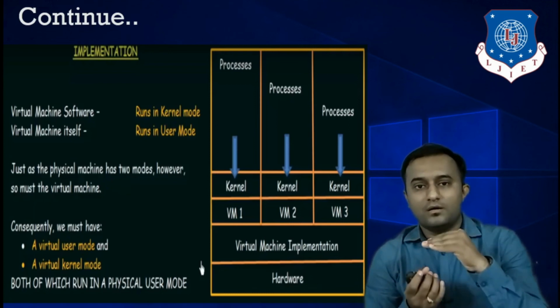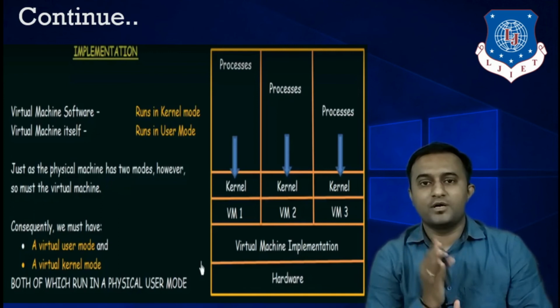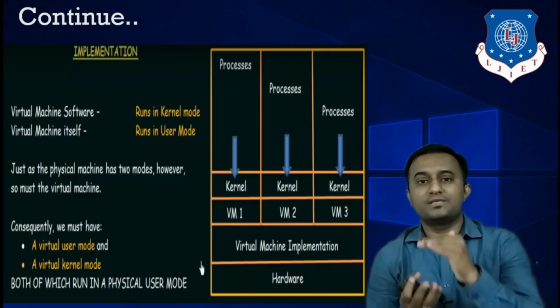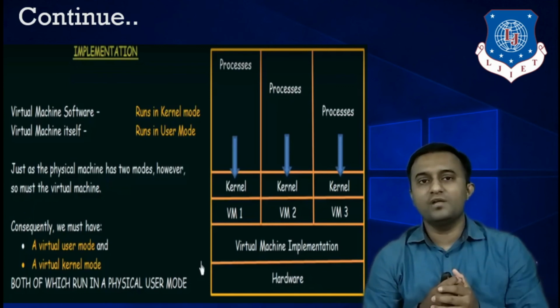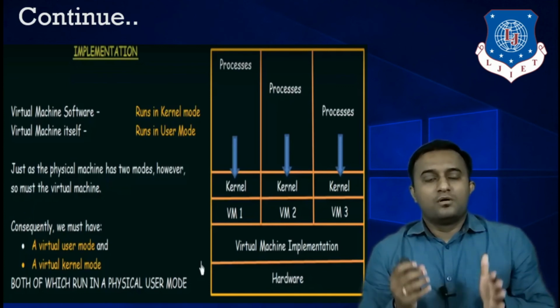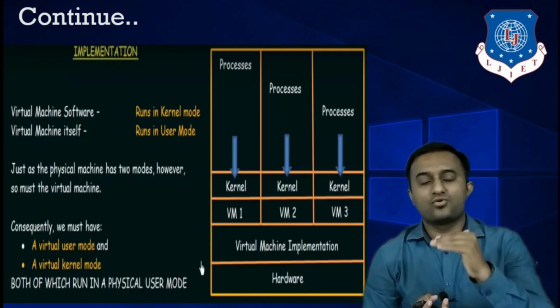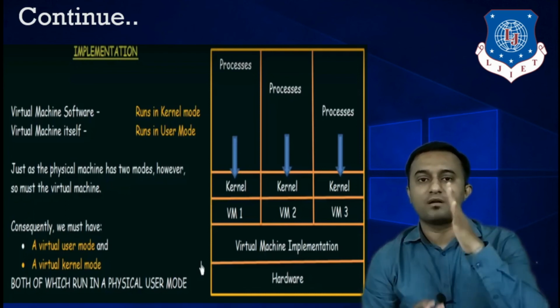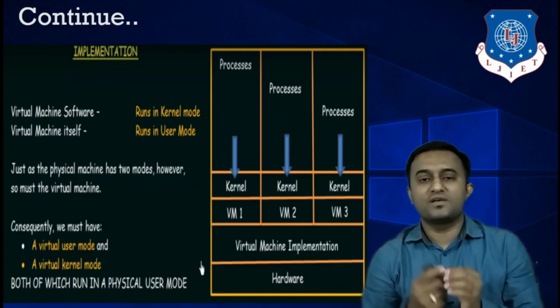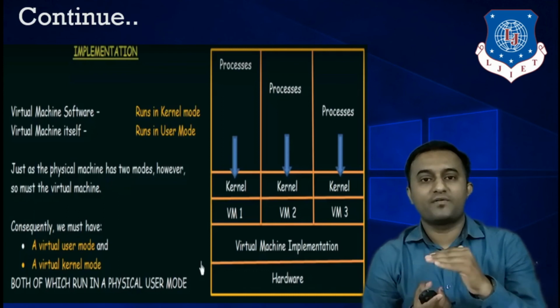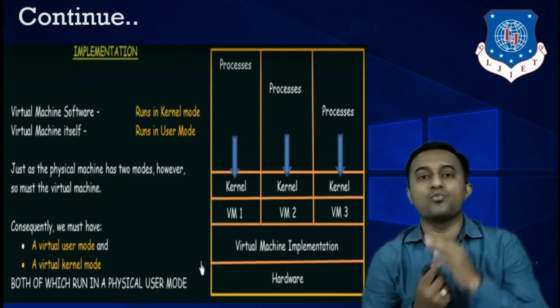And the virtual machines that we have created, VM1, 2 and 3, run in user mode. Just as the physical machine has two modes, user mode and kernel mode, these VMs work in user mode, and this virtual machine software or hypervisor runs in kernel mode.